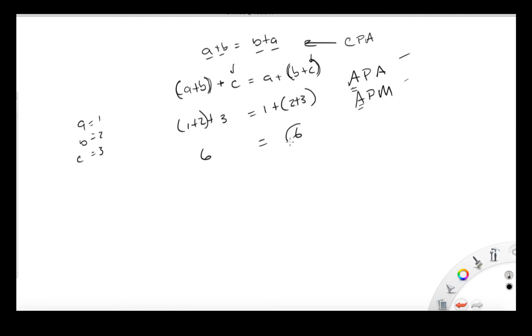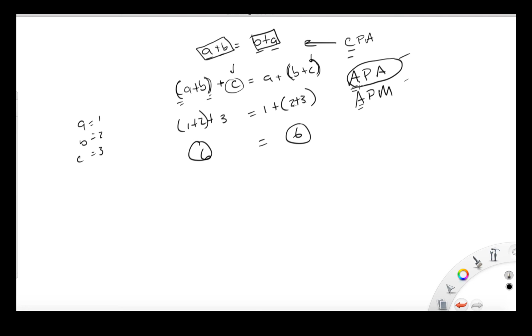So 6 still equals 6. That's the associative property of addition. Different than commutative. In commutative, there are no parentheses and it's just two numbers plus two numbers. Associative property puts these parentheses in and adds another number or letter to it.